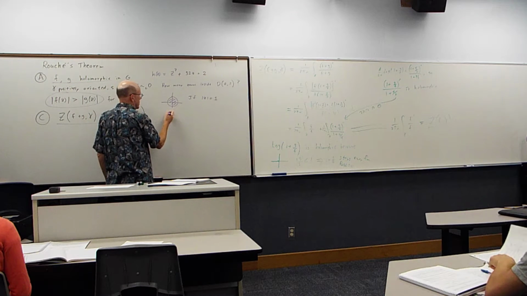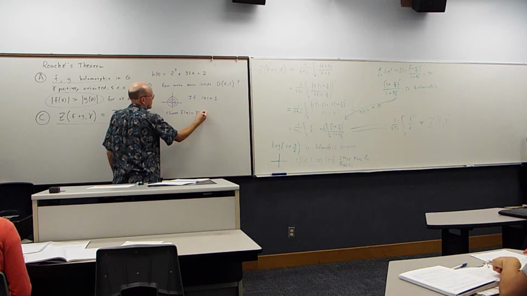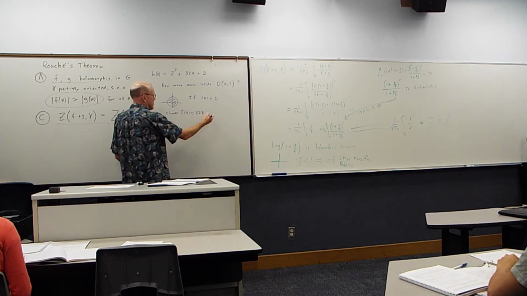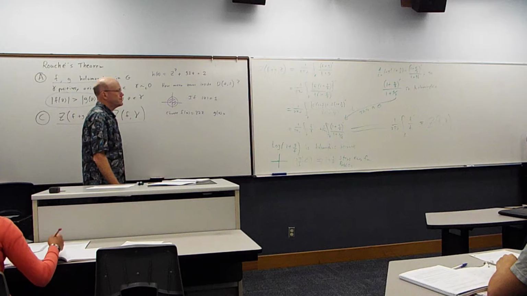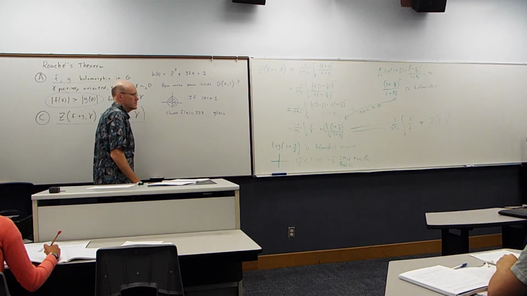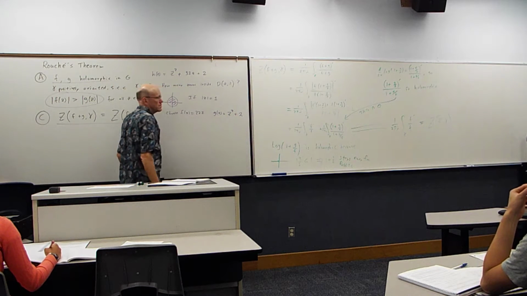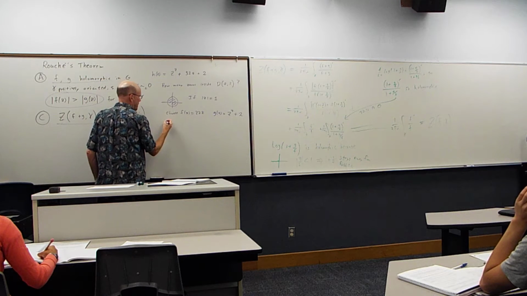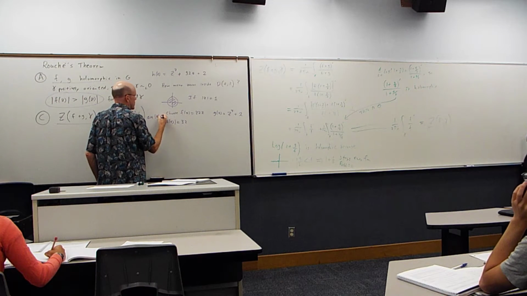Okay. And the g of z, so what should g of z be in this case? z to the 7 plus 2. Yeah, z to the 7 plus 2. Okay. So now the modulus of f of z is equal to 32 on modulus z equals 1.